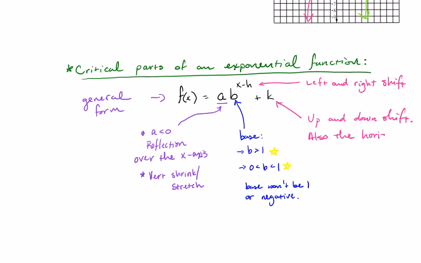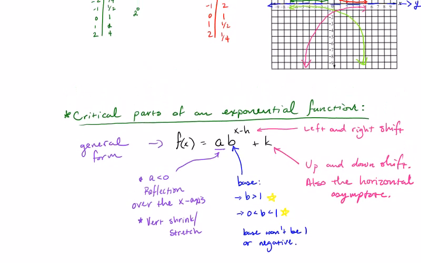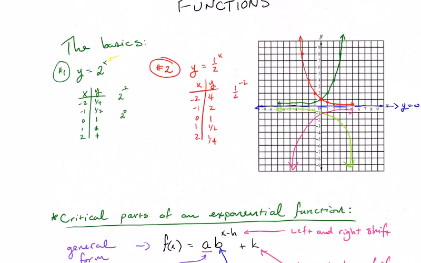Right, if we go back to our graphs that we graphed, if you're taking notes or you're thinking about this with me, if we go back to this graph, every basic exponential function is going to have a horizontal asymptote at y equals 0.